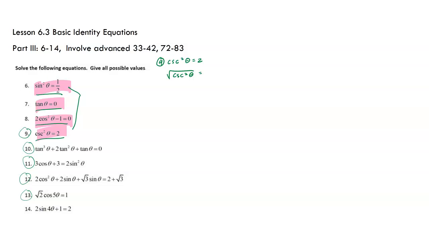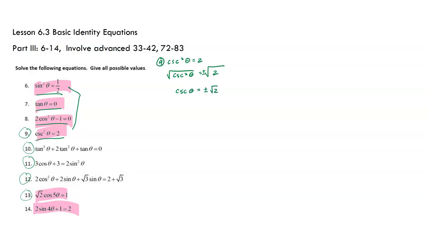The rest of them, except for the 3 and the 10, 11, and 12, have terms with trig functions in it. And so for 6, 7, 8, and 9, you just have to square root both sides. Remember we get the plus or minus. So that's going to be cosecant of theta equals plus or minus square root of 2.